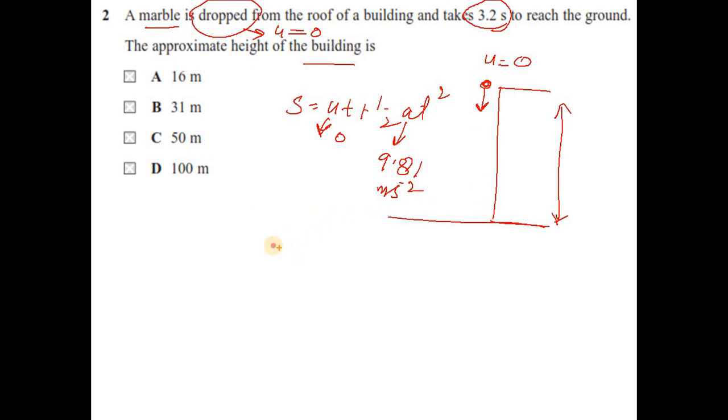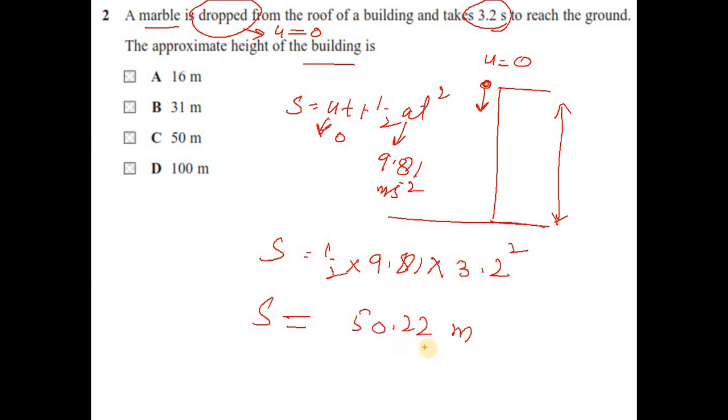So s is equal to half of 9.81 times t squared, 3.2 squared. If you solve this, your distance or height will be 50.22 meter. If you round it off, your option is C.